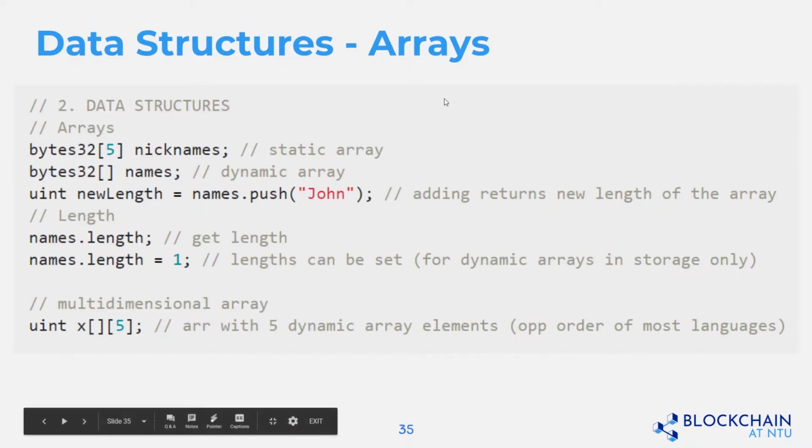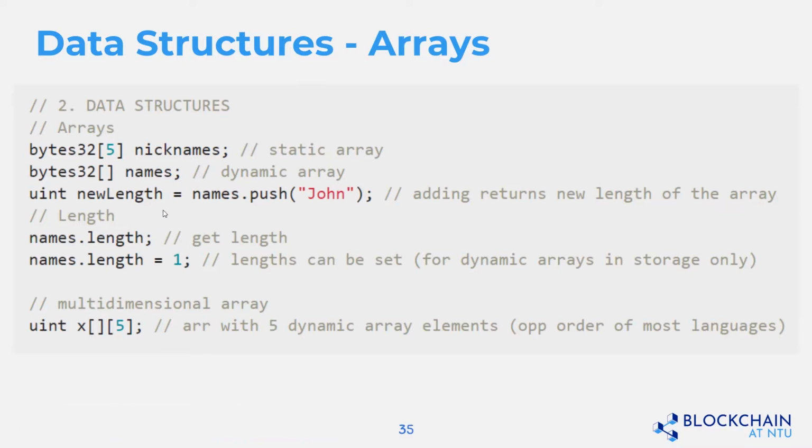Okay, so now we can go on to arrays, and arrays are kind of like a list in Python, right? You can have a static array of fixed length, like 5, or if you don't put a number inside, it'll be a dynamic array of unfixed length. In order to add a new element into the array, you just use dot push.